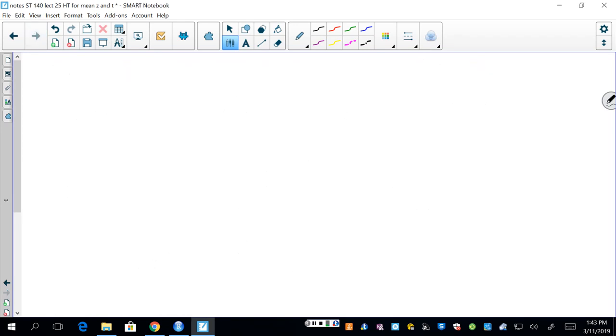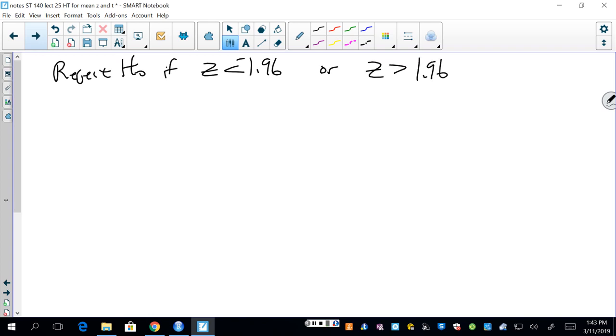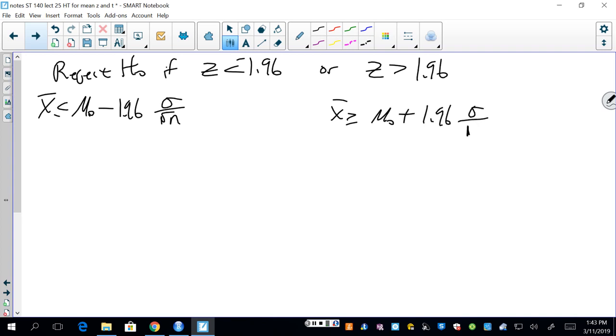So our procedure would say to reject the null hypothesis if our z value is less than negative 1.96, or greater than 1.96. Once we standardize everything, this turns into x bar being less than u sub 0, the null value, minus 1.96 sigma over square root of n, or x bar greater than u sub 0 plus 1.96 sigma over square root of n.